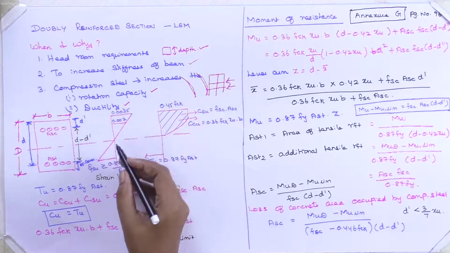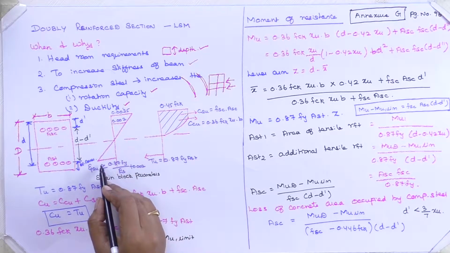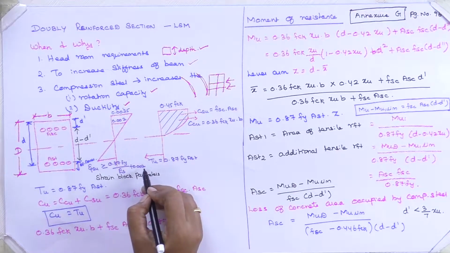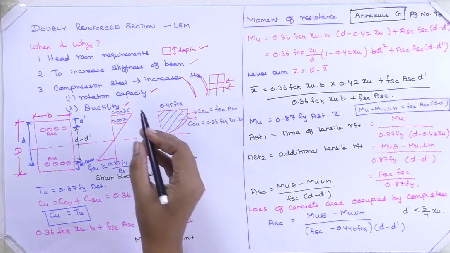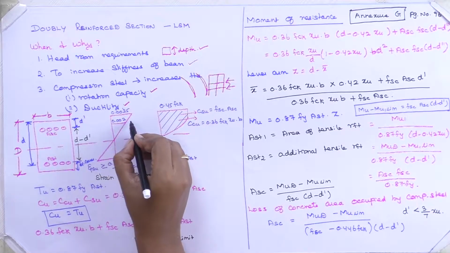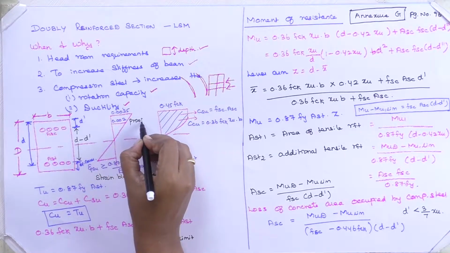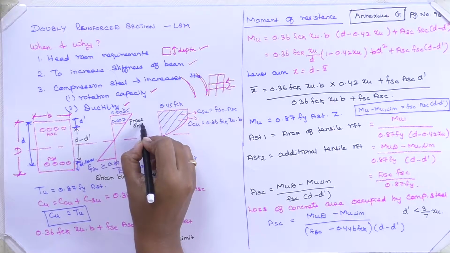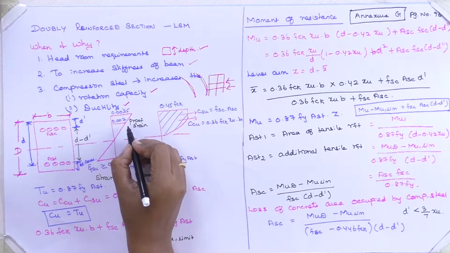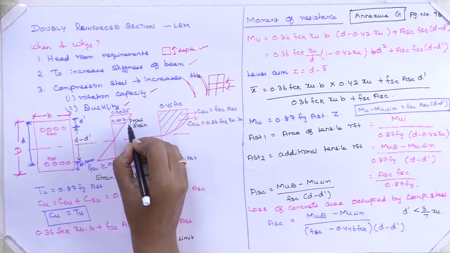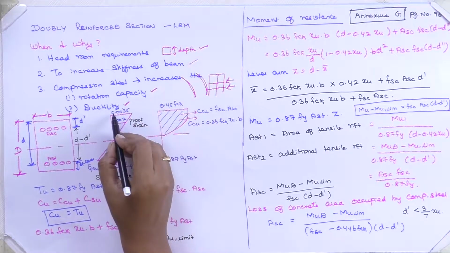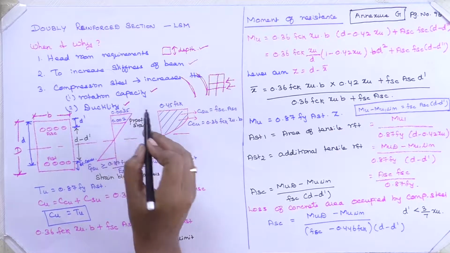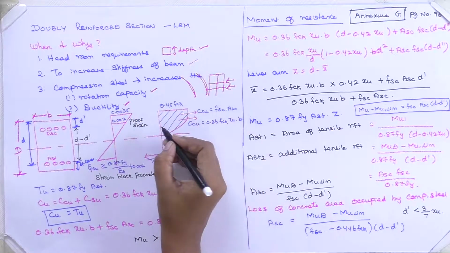The maximum strain occurring in my steel should be greater than or equal to 0.85 Fy divided by Es plus 0.002. Then 0.002 is nothing but proof strain value. This is the allowable value of strain given for my concrete, whereas this is the maximum allowable limit of concrete to take up by your strain value.